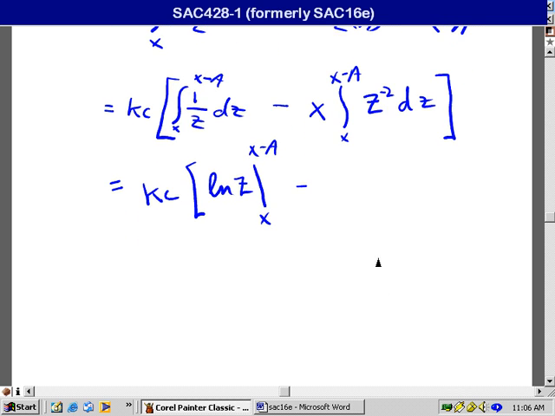So I'm integrating the power, x times z, bump that up by 1, it becomes minus 1. So z to the minus 1, and then divided by the new power, which is minus 1, so put that over there, and evaluated from x to x minus a.